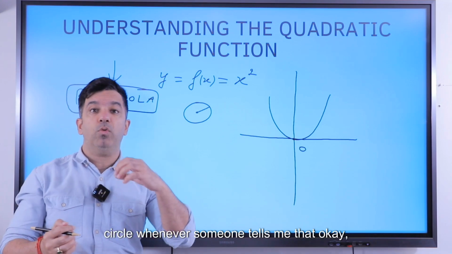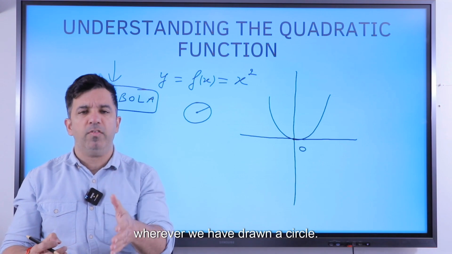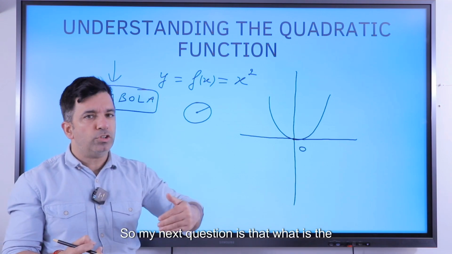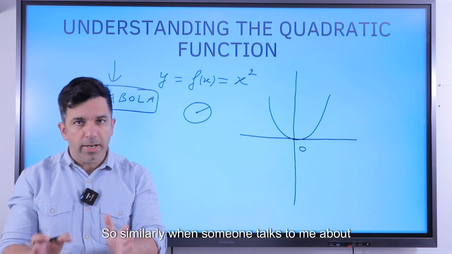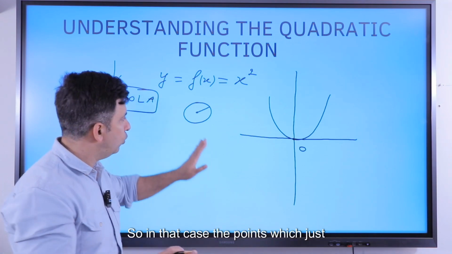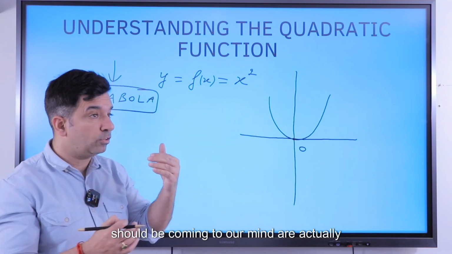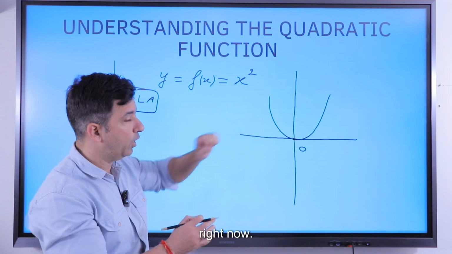Whenever someone tells me there is a circle in coordinate geometry, my next question is what is the center of that circle and what is the radius? Similarly, when someone talks to me about a parabola, there are points which should come to our mind, which we are going to list right now.